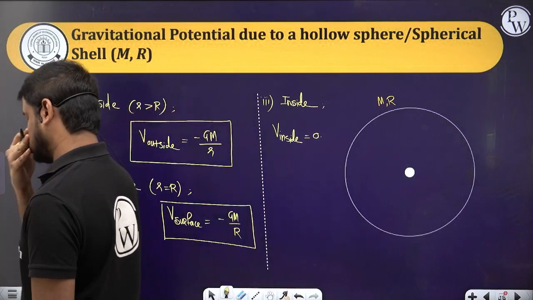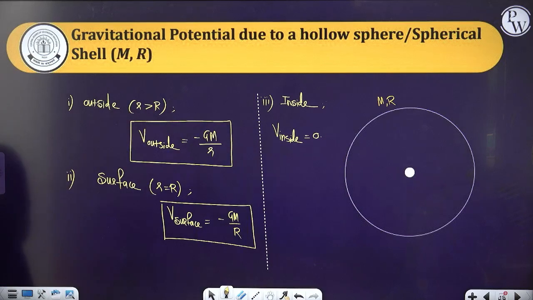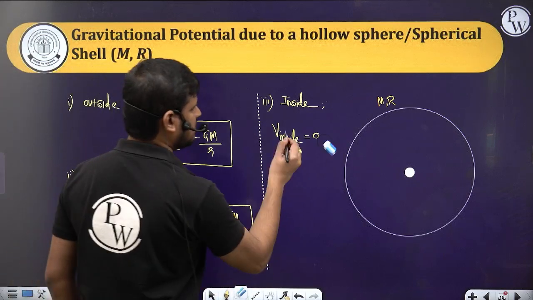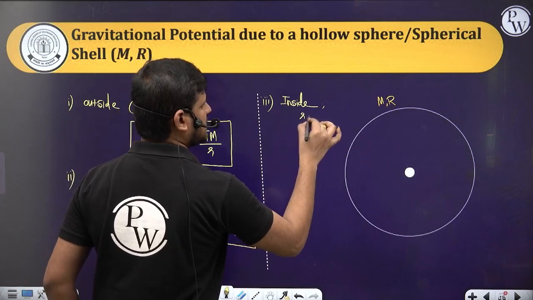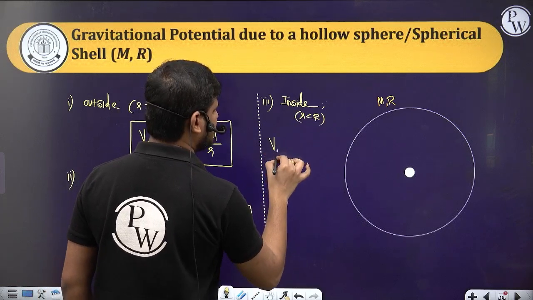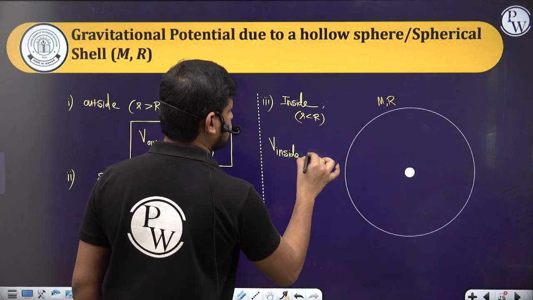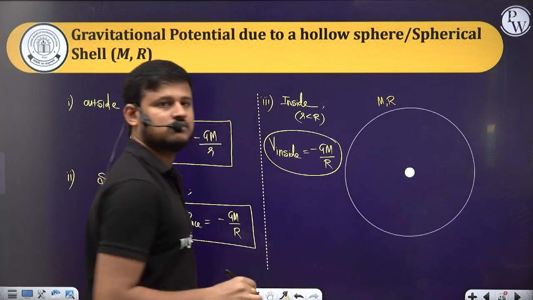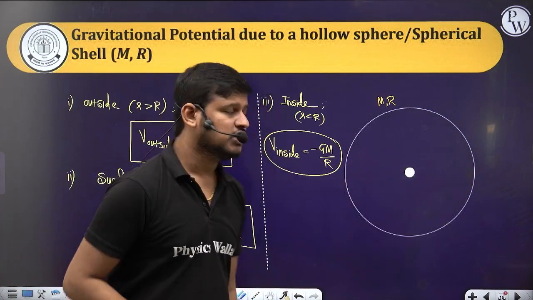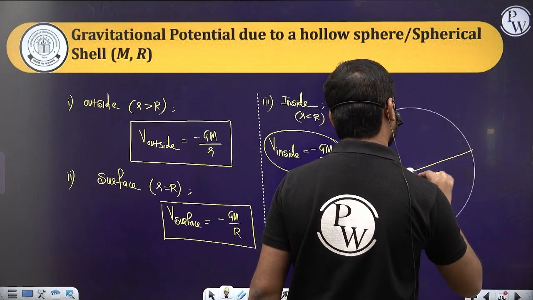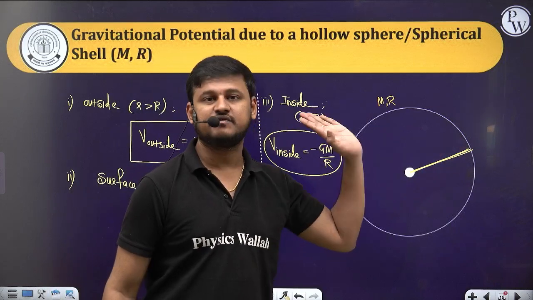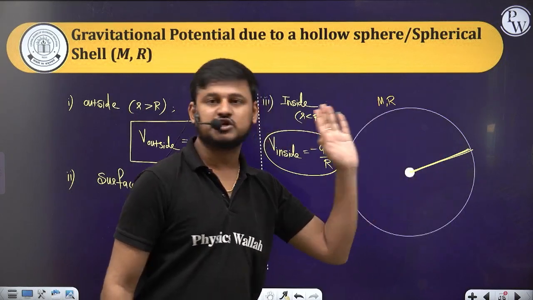Okay, chalo. Done. Inside, r less than R, sorry, spherical shell, right? Sorry, my bad. r less than R, so it's going to be same as that of the surface, minus GM by R. So from inside to the surface, the potential remains same, everywhere. The gravitational potential remains same.